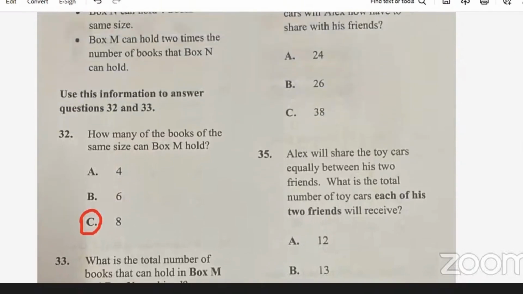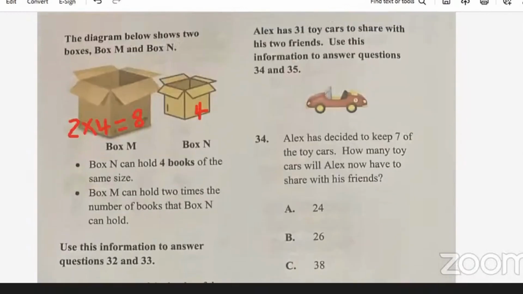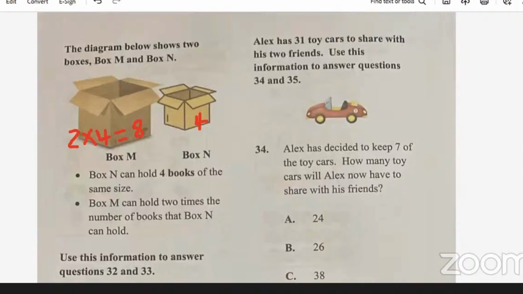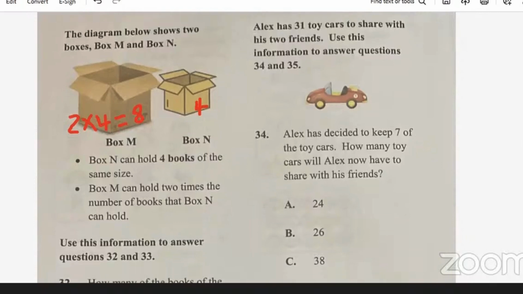All right, let's get to question 34. Alex has 31 toy cars to share with his 2 friends. Use this information to answer questions 34 and 35. Alex has decided to keep 7 of the toy cars. How many toy cars will Alex now have to share with his friends?